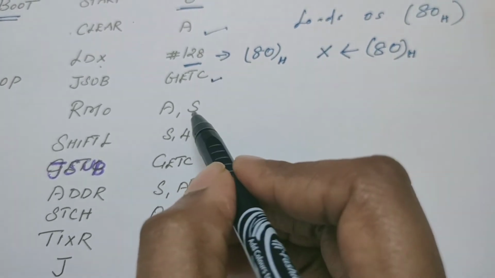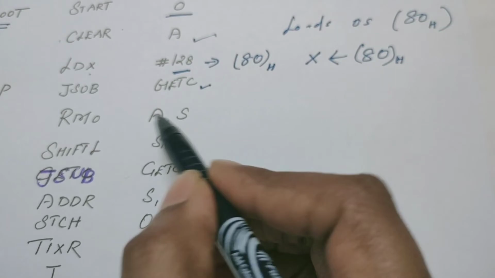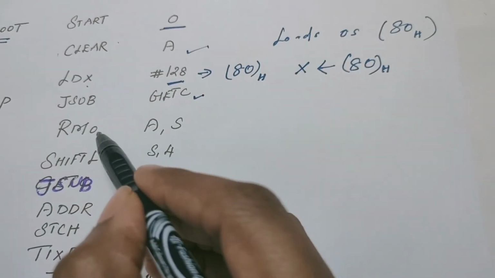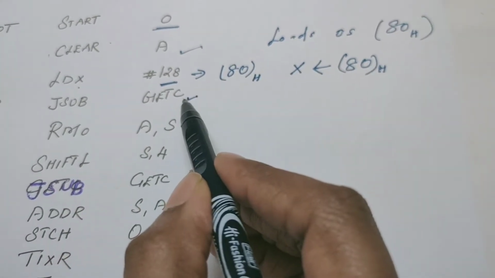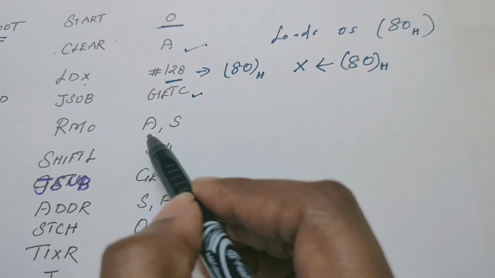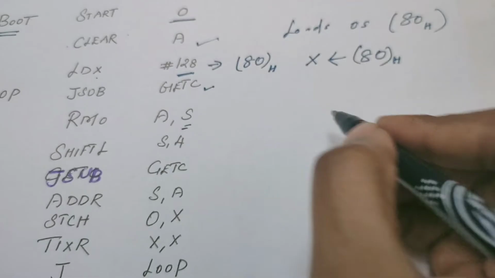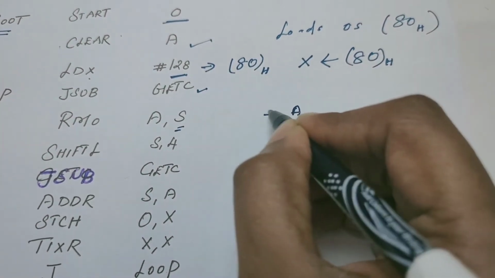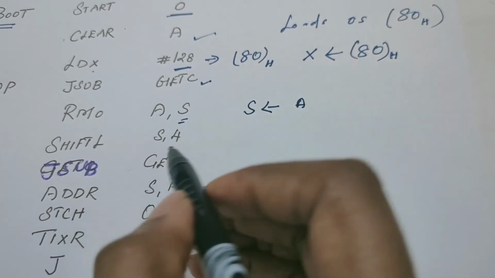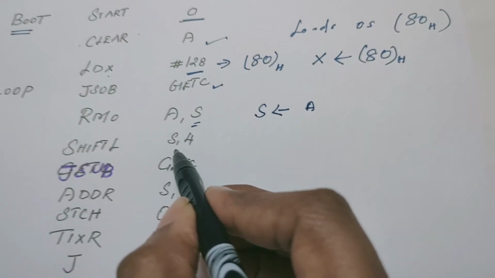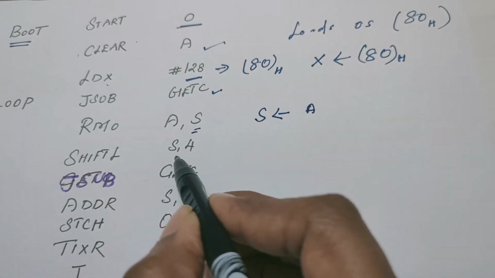Then it performs this operation. What is this operation? A register move operation. Whatever character is read is available in the accumulator right now. That content is moved to S. So the content of the accumulator is moved to the S register. Then this S register is shifted left 4 times.